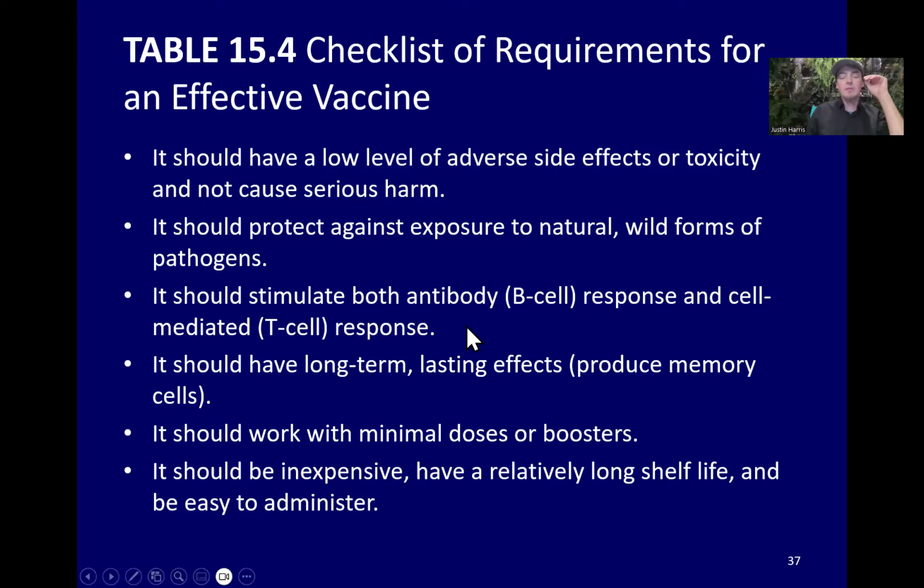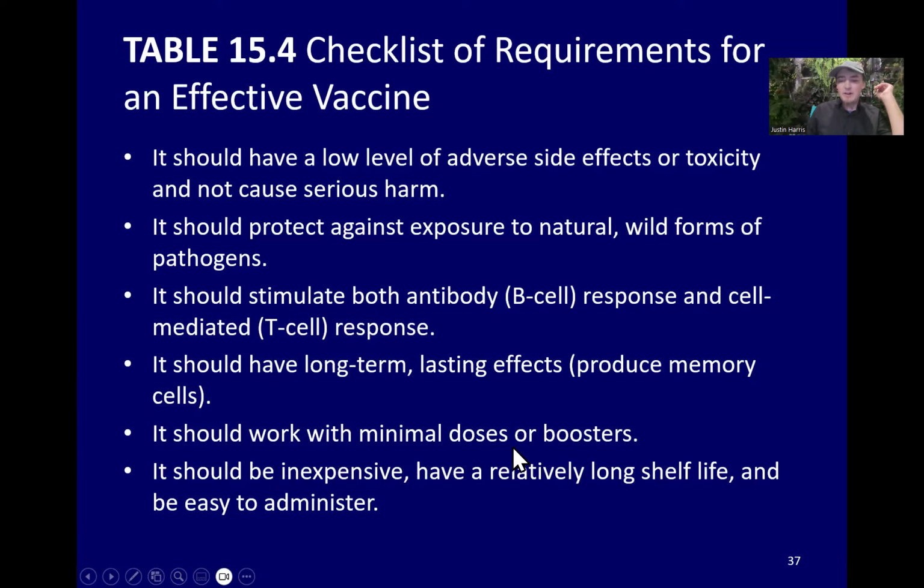These vaccines should activate both B cells and T cells, because both of them are needed for that adaptive immune response, and we want the response to be long lasting. We want them to go into memory, so that we can use them later on.